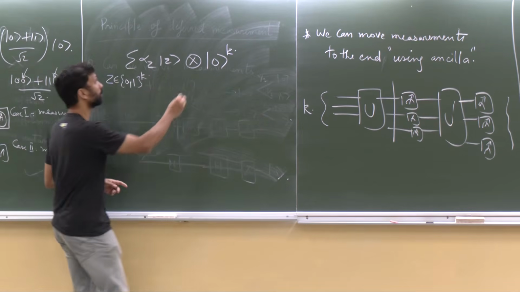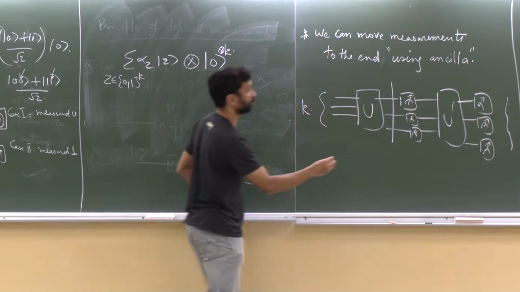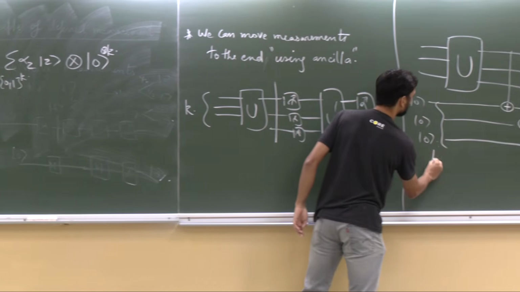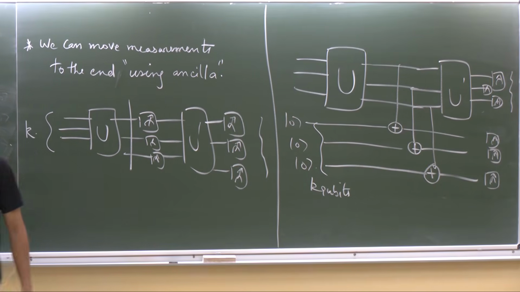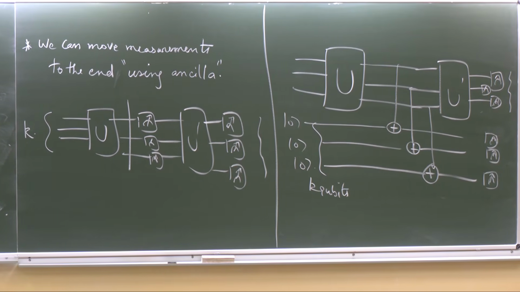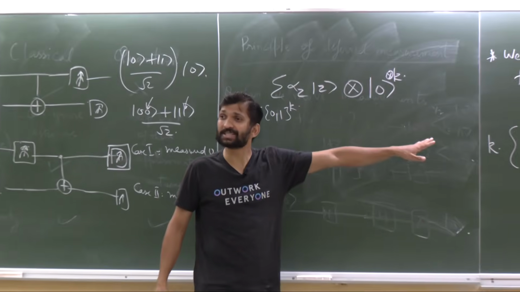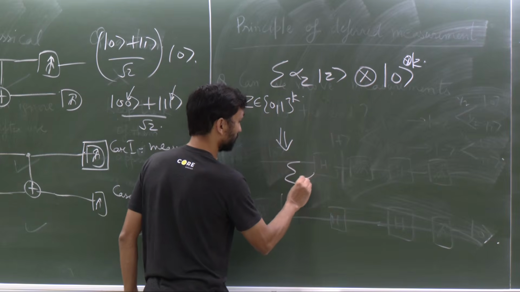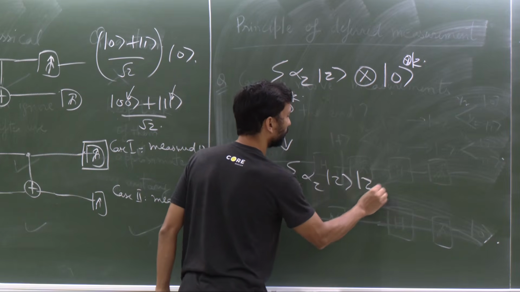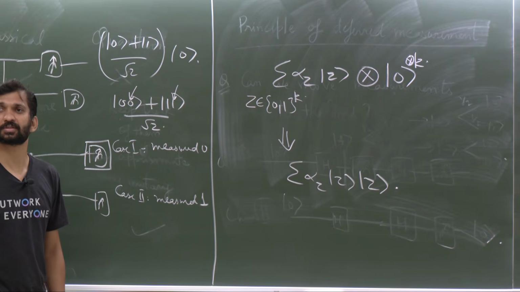So it looks like this. K qubits, correct? So I have this state. When you apply C0, what you are doing is you are changing the state to this, and this is something which you can verify.